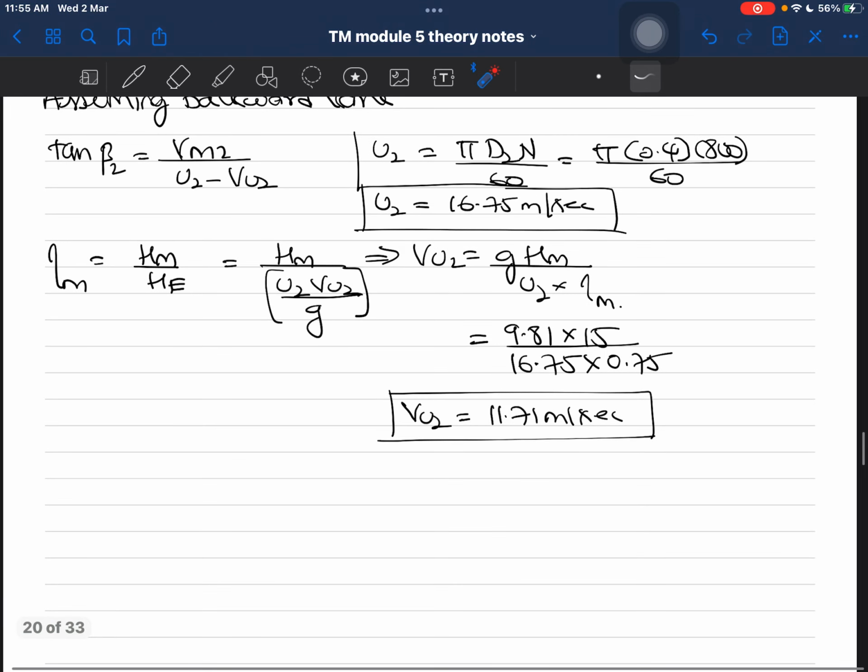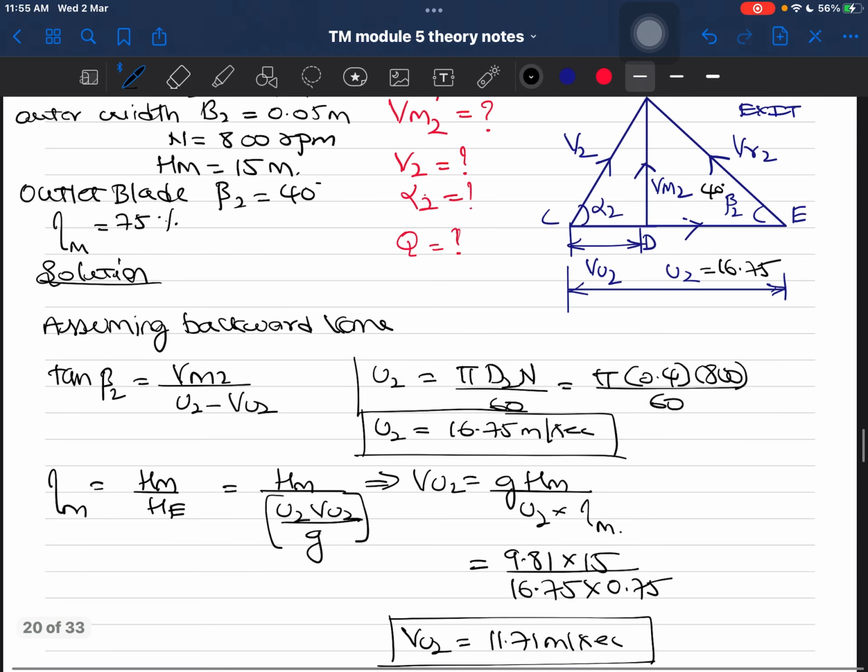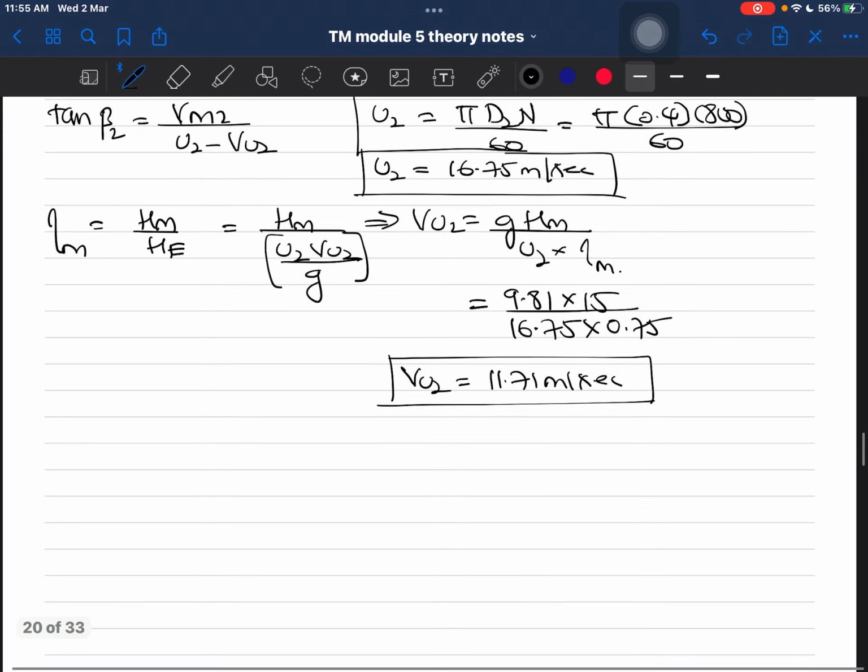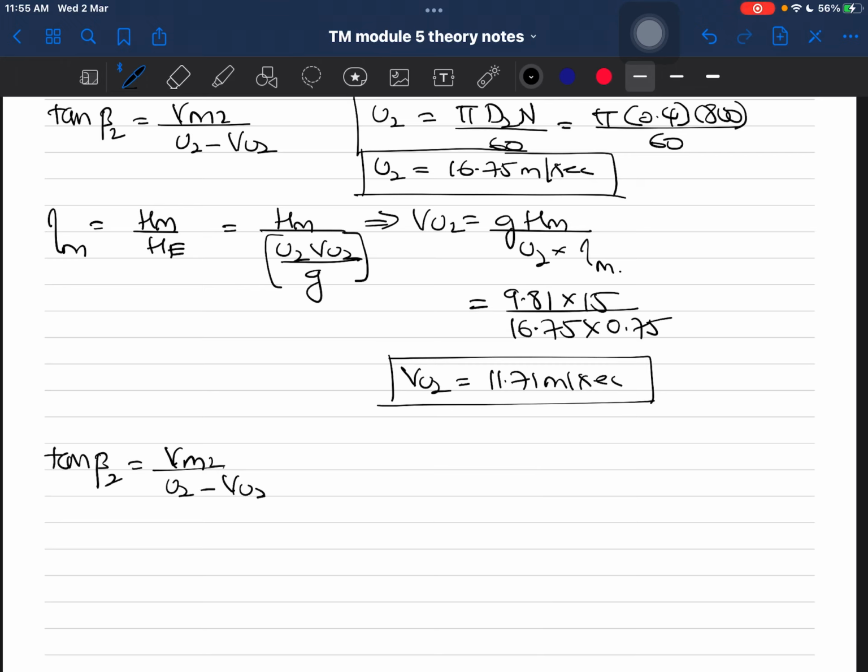Next, beta 2 is being given, so we'll calculate Vm2 from this now. Taking that particular expression again, tan of beta 2 is equal to Vm2 divided by U2 minus Vu2. So tan beta 2, he has given beta 2 as 40 degrees, is equal to Vm2, which you are supposed to calculate now.